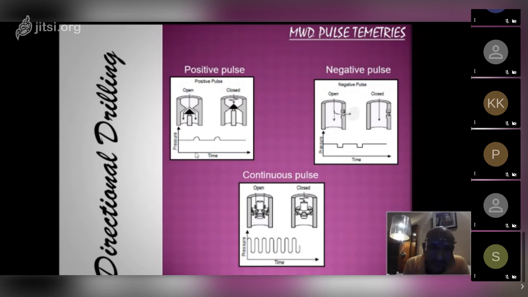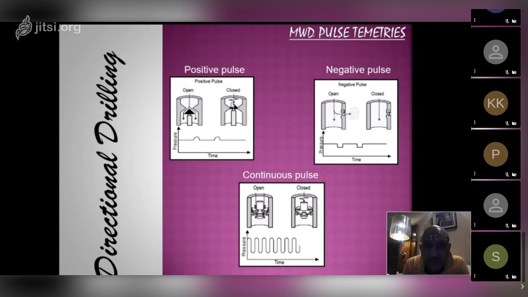When the tool is open, I see this 100 psi. Let's say this is the 200 line and this is the 100 line. When the tool is closed, the pressure will rise because the passage is blocked. The mud is supposed to pass through it, but there is no passage. So the pressure will increase, and you will see the increased pressure.